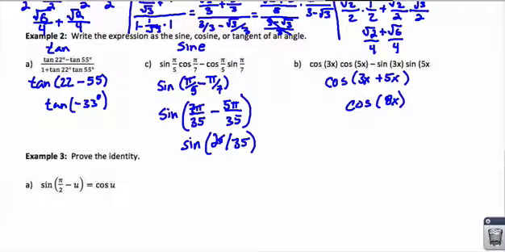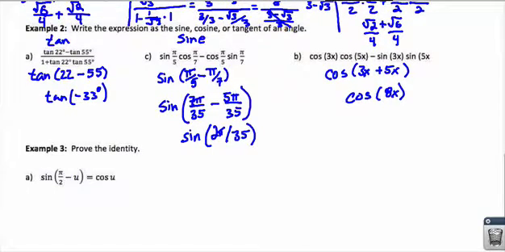All right, last thing we're going to do with these is we're going to use them to prove. Well, here's one that we already know. This is one of those cofunction identities. So where did this identity come from? Well, these are two angles here. One we actually have an angle for, one we have a variable for, but we can use that. So we're going to start with this side, the more complicated side, and see if we can get it to equal this side.